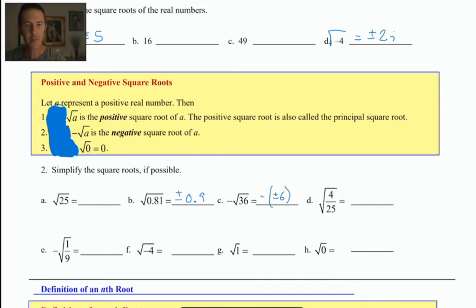Depending on the context of the question, that negative sign might be pressing you to only use the negative version of the answer, but in this case, I'm going to say that the answer is still plus or minus 6. And if you'd like, you could include this negative sign in front of here and then throw another equals in there and still list your final answer as plus or minus 6.